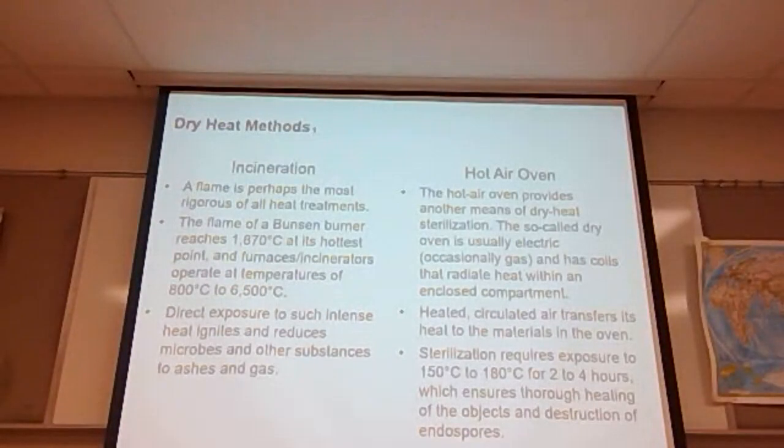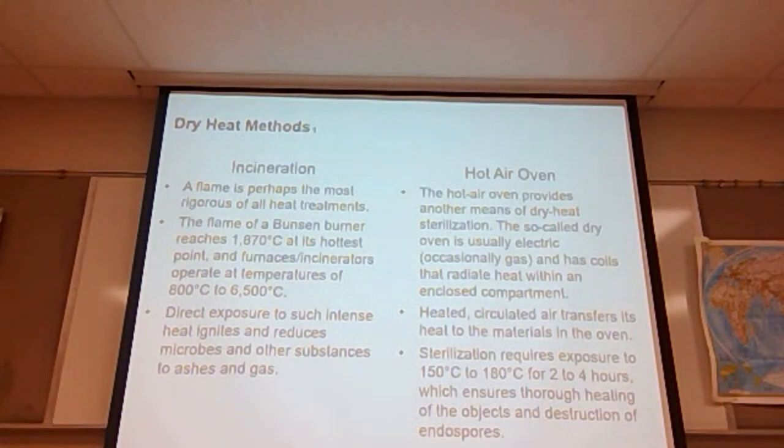Direct exposure to such intense heat ignites and reduces microbes and other substances to ash and gas. Hot air ovens, on the other hand, provide a means of dry heat sterilization. The dry oven, which is usually electric or occasionally gas, has coils that radiate heat within an enclosed compartment.